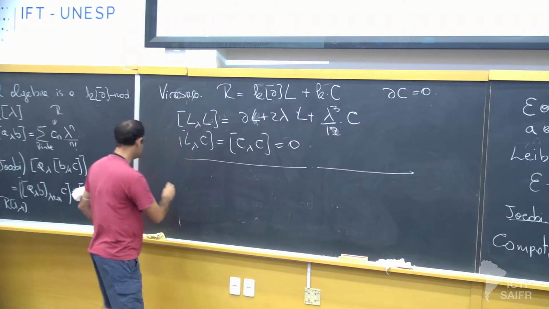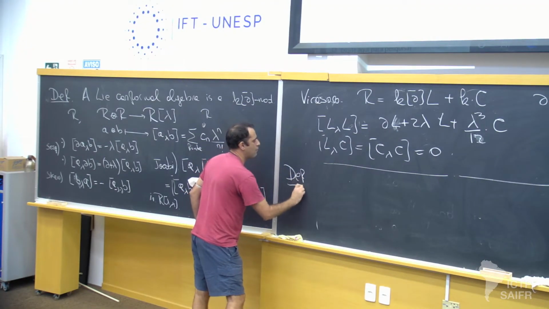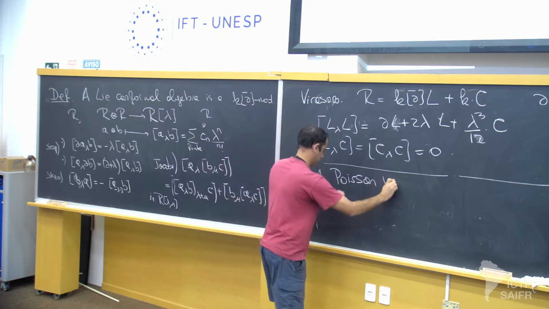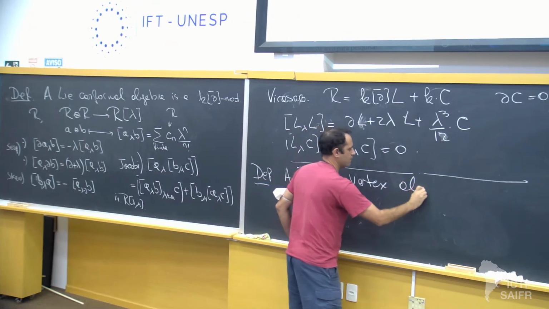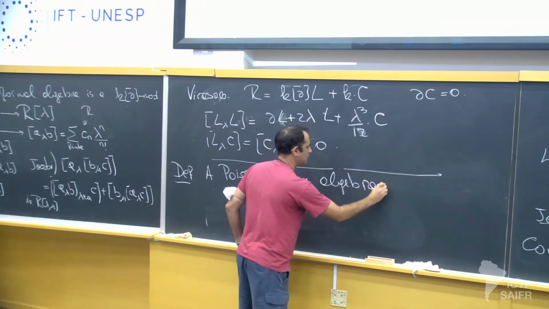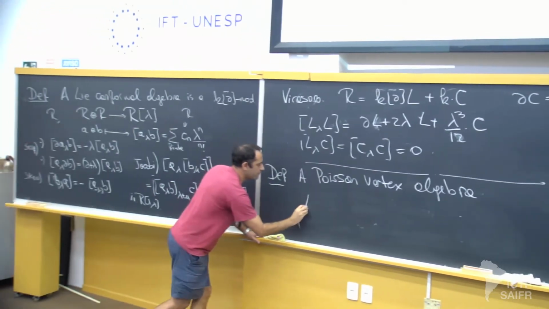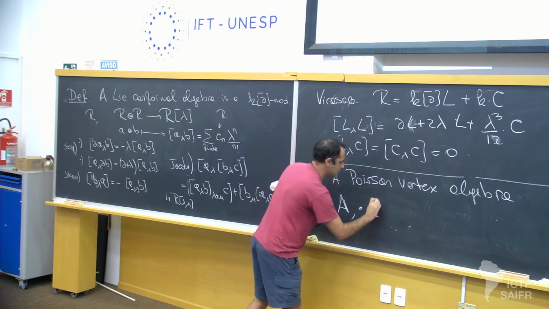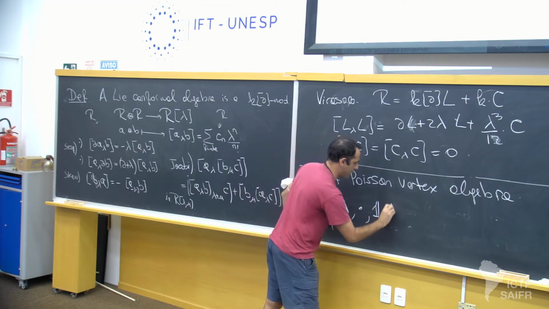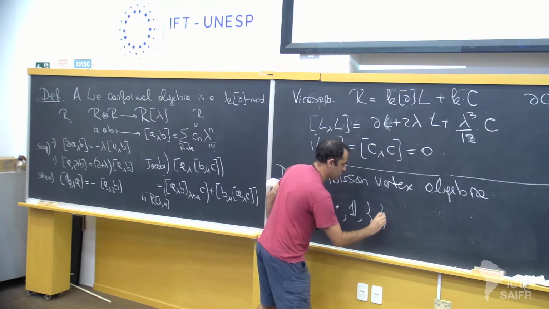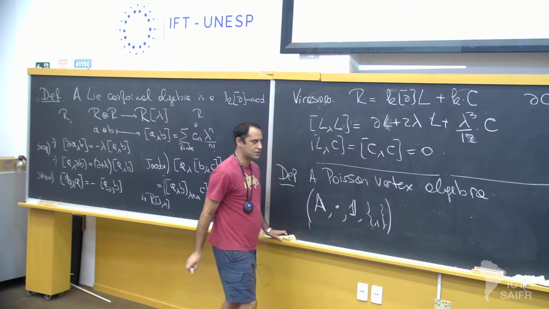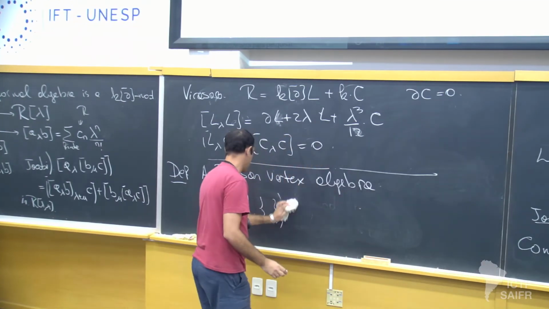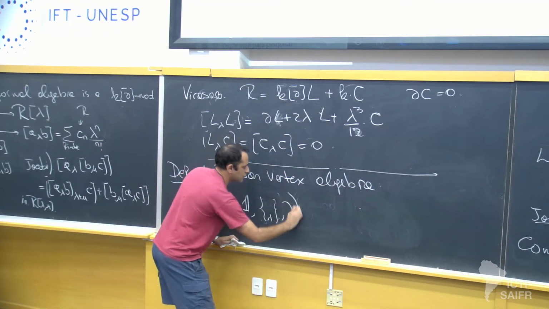Now, definition. A Poisson vertex algebra is the datum of, now I'm going to switch to A instead of R, a product, a unit, and a bracket, such that, let me explicitly add to this list the action of del.